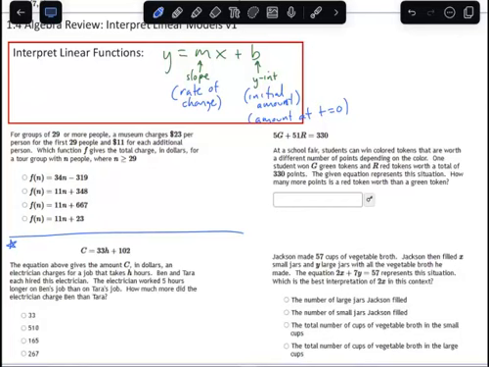All right, so based on the given equation that you see right there, where you have a linear form, 33h to the power of 1 plus 102, see if you can interpret what's being asked in this question. So if you look at the equation that's used, you have your initial value, and then you have your rate, right?